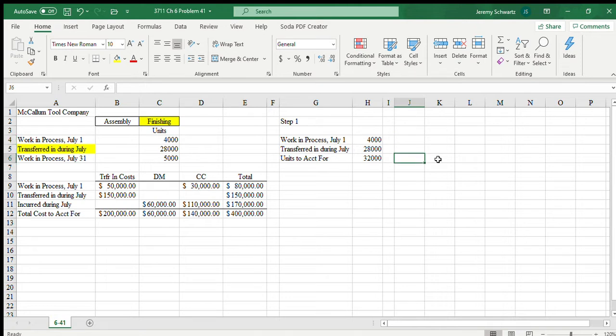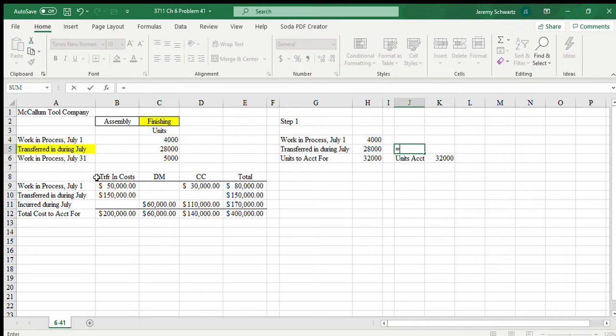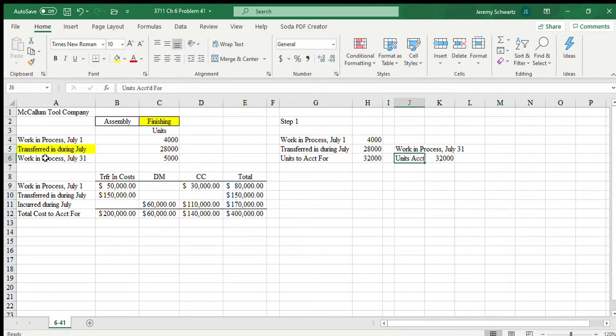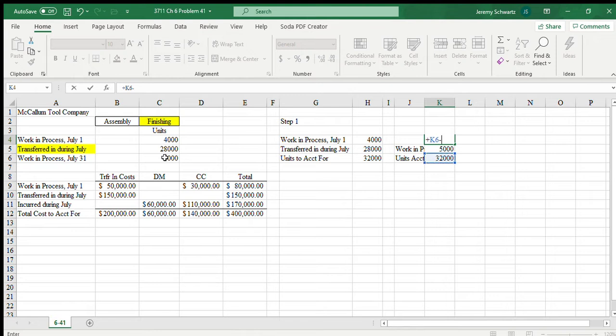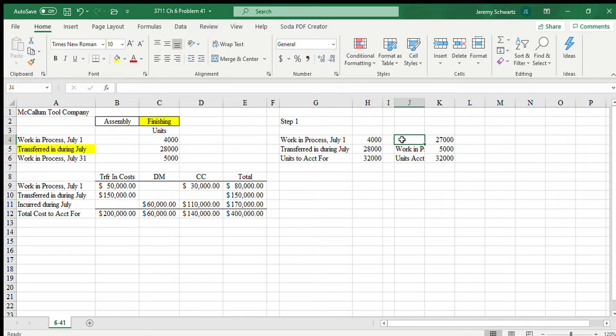So then when we go to units accounted for, we know that that will be the same amount for physical units. So we have our work in process ending of 5,000, meaning that 27,000 must have been completed and transferred out.